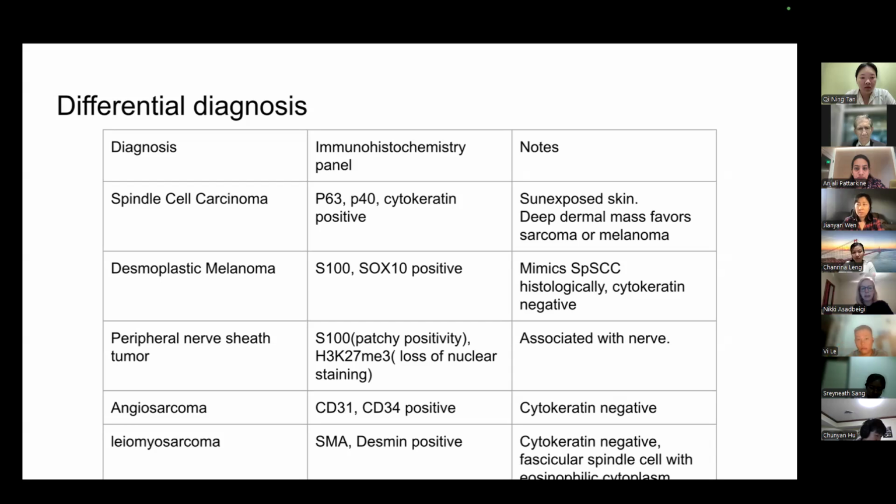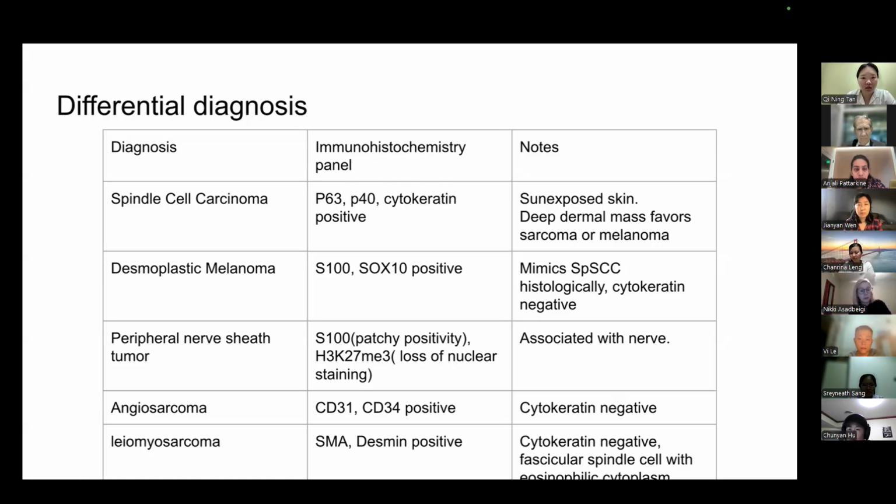The problem is that, as most of you have probably experienced, we order melanocytic markers, for example HMB45. Desmoplastic melanoma is actually negative for those markers. It's positive for the nuclear marker SOX10 or S100. So if desmoplastic melanoma is in your differential diagnosis, don't go for Melan-A or HMB45. It's going to be negative and it's not going to help you, because it's still desmoplastic melanoma. It's just the wrong stain.